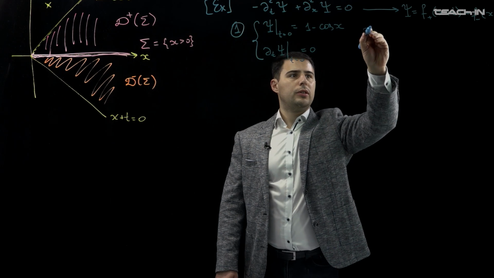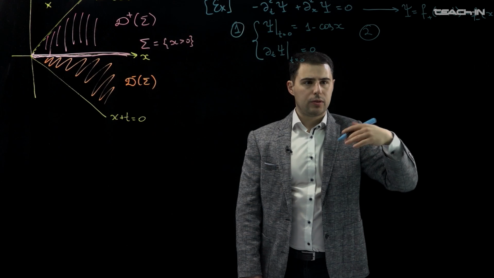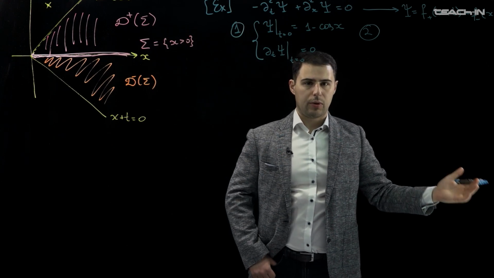Let the second set agree with the first one on the positive side of the axis, but be zero on the rest of the axis.